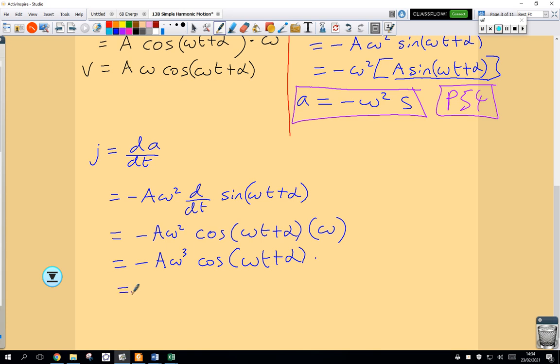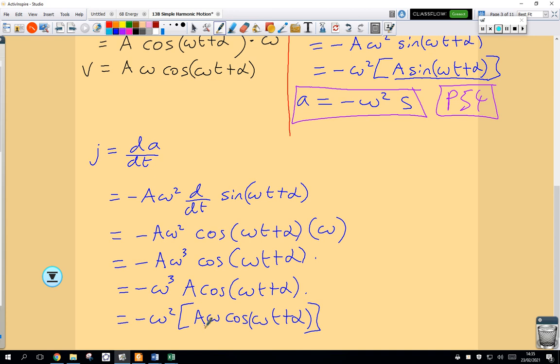And if I factor out my negative omega cubed, that's going to be times a cosine of omega t plus alpha. And in fact, let me break that omega cubed up a little bit further. That's going to be negative omega squared multiplied by a times another omega times cosine of omega t plus alpha.